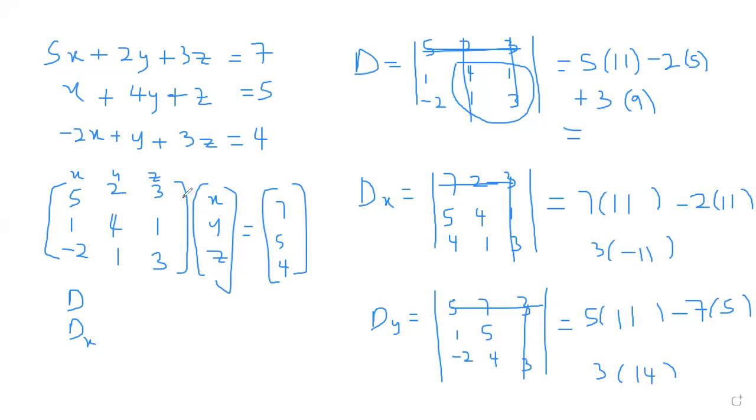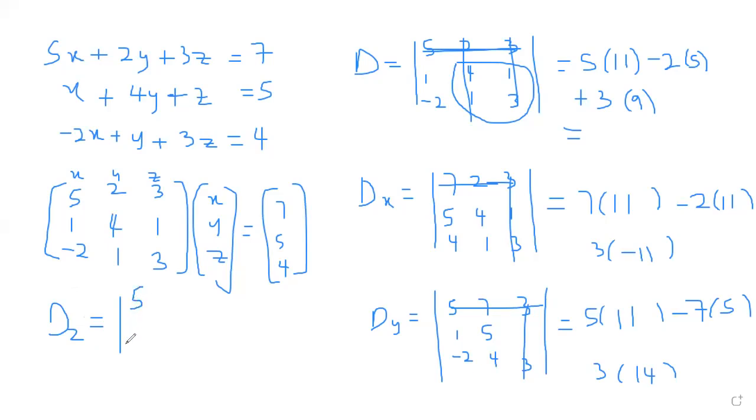You have to do it for z also, don't forget. So we will need to find dz. So you need d of z. You have to replace the coefficient of z.